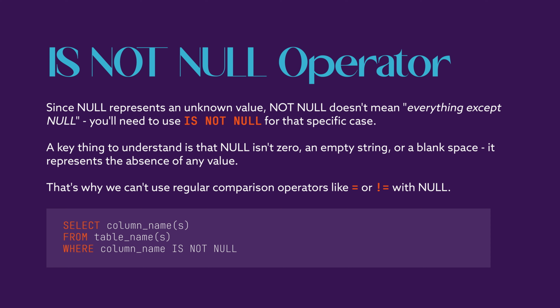It represents the absence of any value. That's why we can't use regular comparison operators like equals or not equals with null. IS NOT NULL is SQL's way of finding real, concrete values in your data, the fields that actually contain something rather than just empty placeholders.